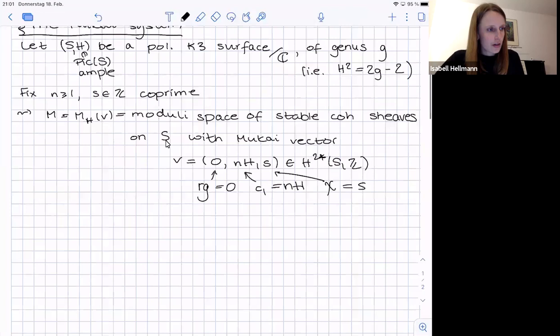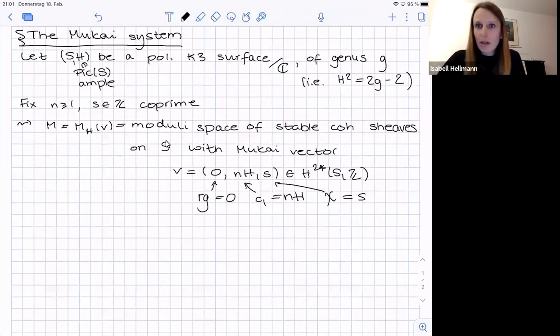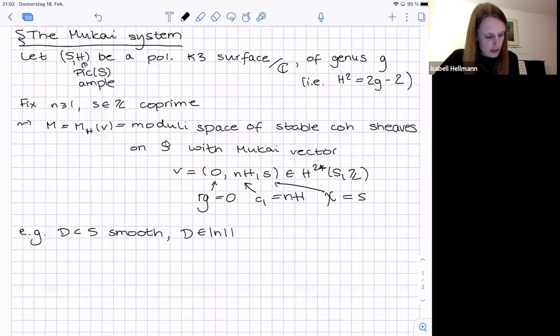All right, so an example of a point in this moduli space would be given by a line bundle on a curve linearly equivalent to n times H. So take a smooth curve D in S, linearly equivalent to nH, so I write D in |nH|, the complete linear system.